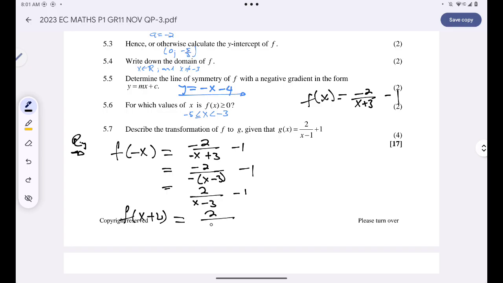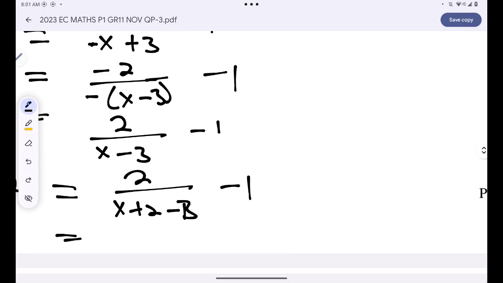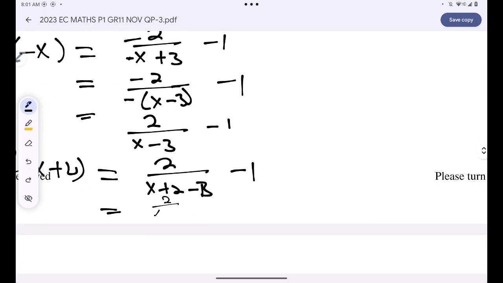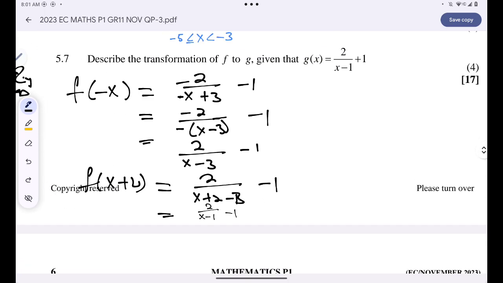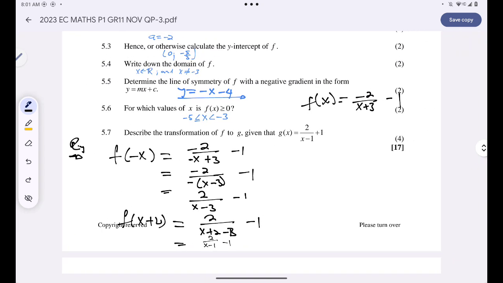So when I come across x, I'll have x plus 2 minus 3. This is still minus 1, so therefore I will have 2 over x minus 1, minus 1. So the first thing they did was to reflect on the y-axis, and then secondly was to shift 2 units to the left. Are you together?